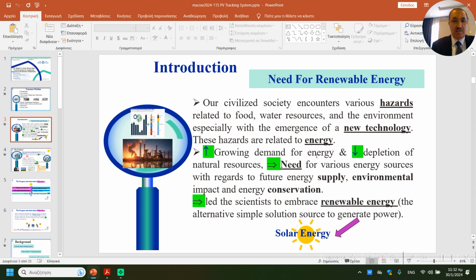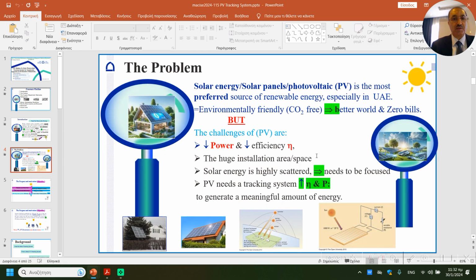And when we are talking about renewable energy, which is the alternative simple solution for the crisis that we will have, we always think about solar energy. Not only solar energy for generating electricity and thermal, but mainly in this work, we will concentrate on the photovoltaic solar panel, the most perfect source of renewable energy, especially when we are talking about sunny countries like UAE.